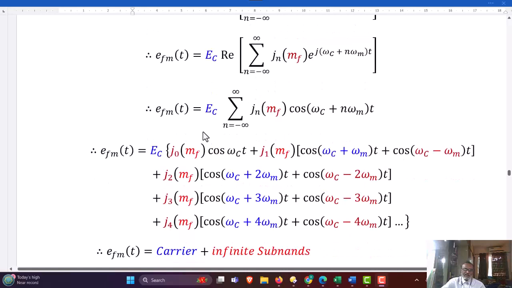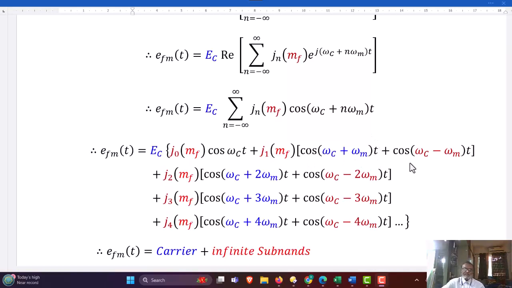This signal can be expanded further. This summation bracket can be rewritten in the form of a sum of the individual terms. Consider n is equal to 0. When n is equal to 0, you are getting the first term, Ec J0(mf) cos ωct, because for n equal to 0, nωmt is 0. When n is 1, then it becomes J1(mf) cos of (ωc + ωm)t.